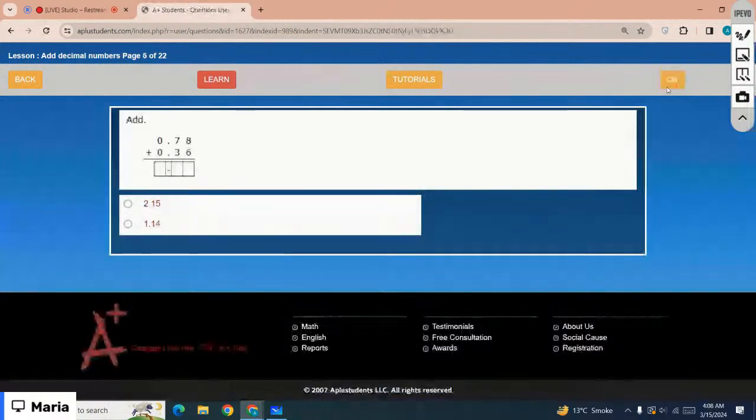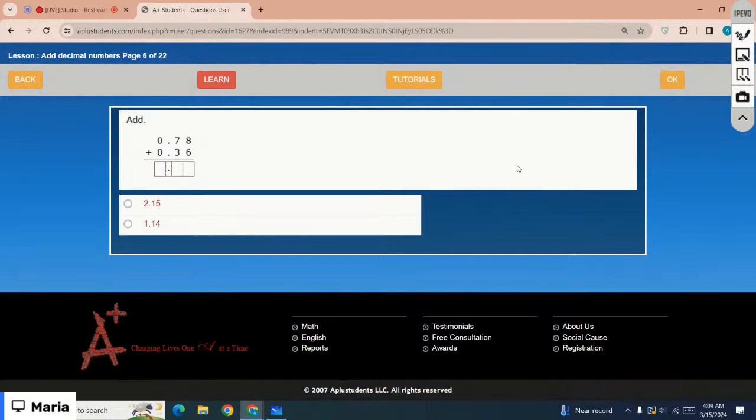Add 0.78 plus 0.36. Which is the correct option? Yes, the correct option is 1.14.